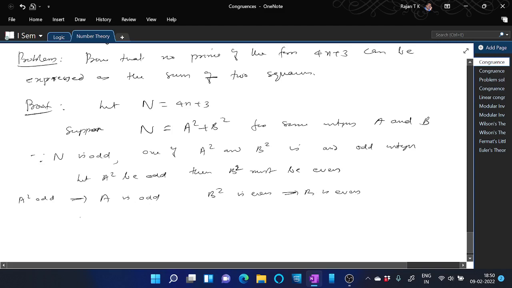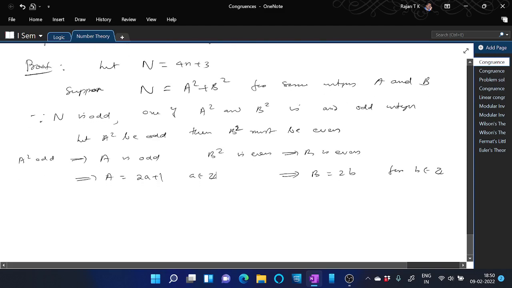A is odd means you can write a in the form 2a plus 1 for some integer a. B is even implies you can write b as 2b for some integer b.